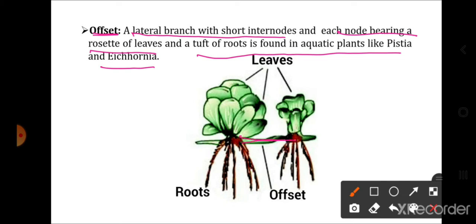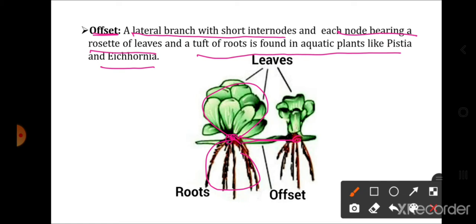Now, what do you mean by internodes? The distance between two nodes is called the internode. So that distance between the two nodes is very short. Now, each node will develop the rosette. Rosette means a group of leaves which will have a rose petal like effect, and tuft again means a group of roots.